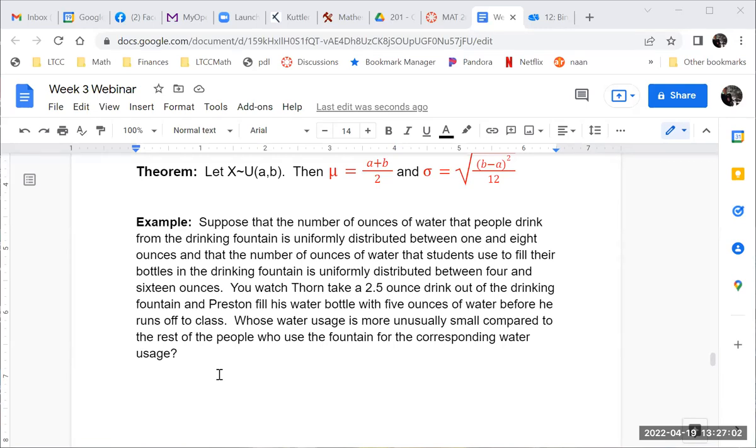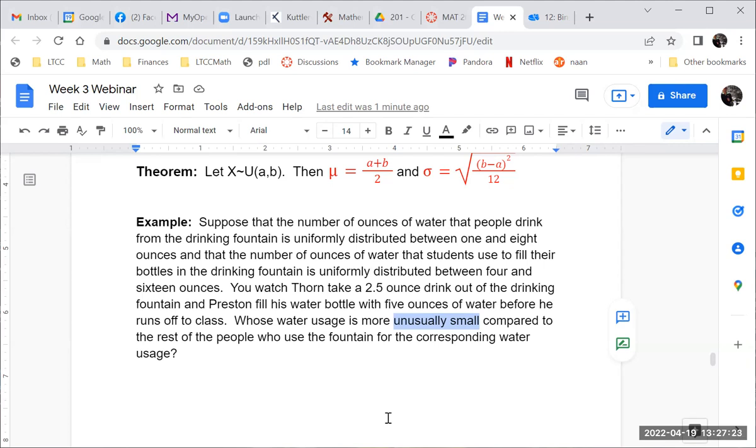Okay, we need to strategize here. We need a statistic that measures how unusually small something is. What's the statistic we've had in our class? The z-score? Yep, the z-score. So the z-score is a measurement of how unusual a data value is.